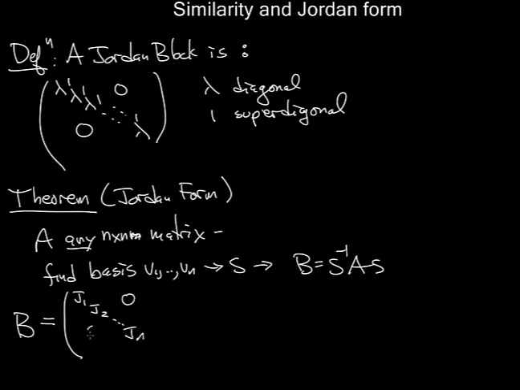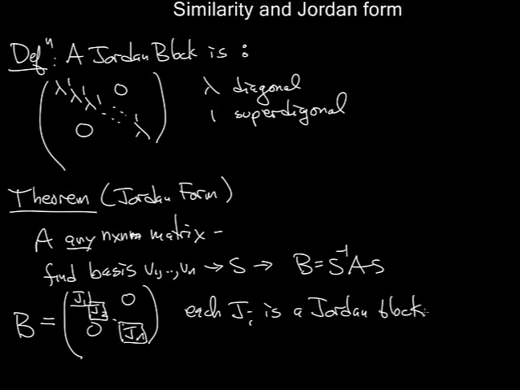It's got a number of Jordan blocks down the diagonal, J1 through Jn. These are square blocks of various sizes, and each one of them is a Jordan block. And the theorem is that any matrix can be put into that form by the appropriate choice of basis.